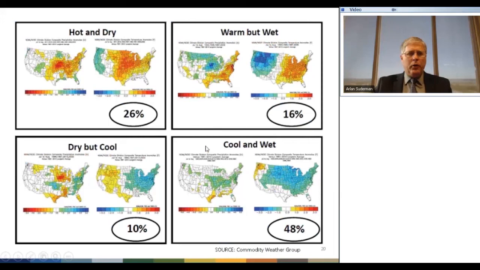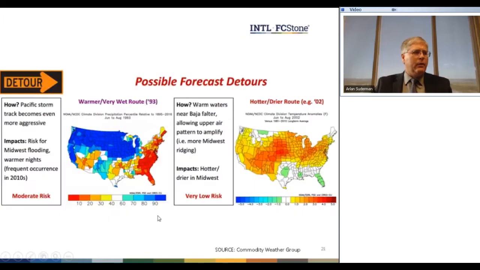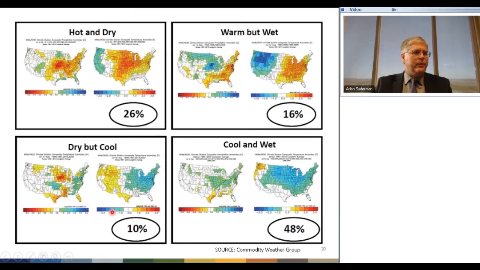Now, Commodity Weather Group went back to 1950 and looked at all the different years that had similar weather patterns. No one year fits, but they looked at all the similar years. And they found that 26% of them tended to be hot and dry, 16% warm and wet, 10% dry and cool, and 48% cool and wet.